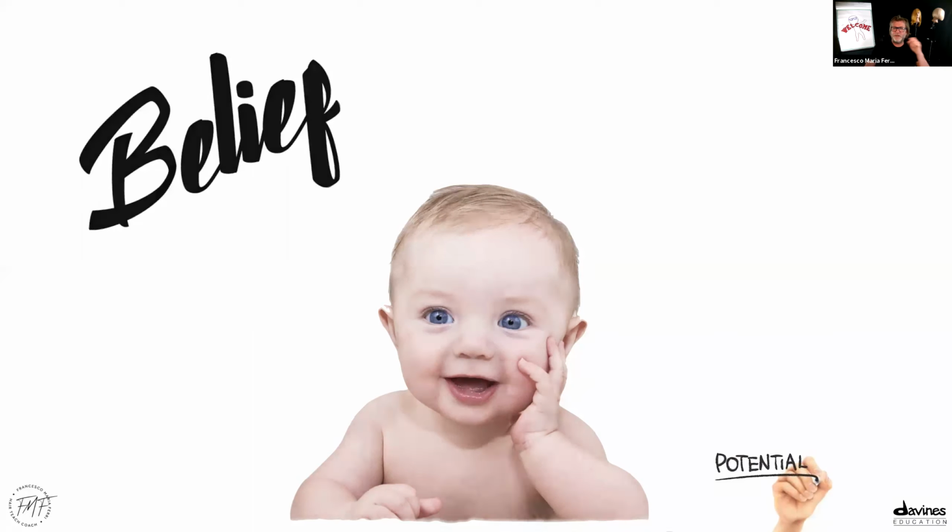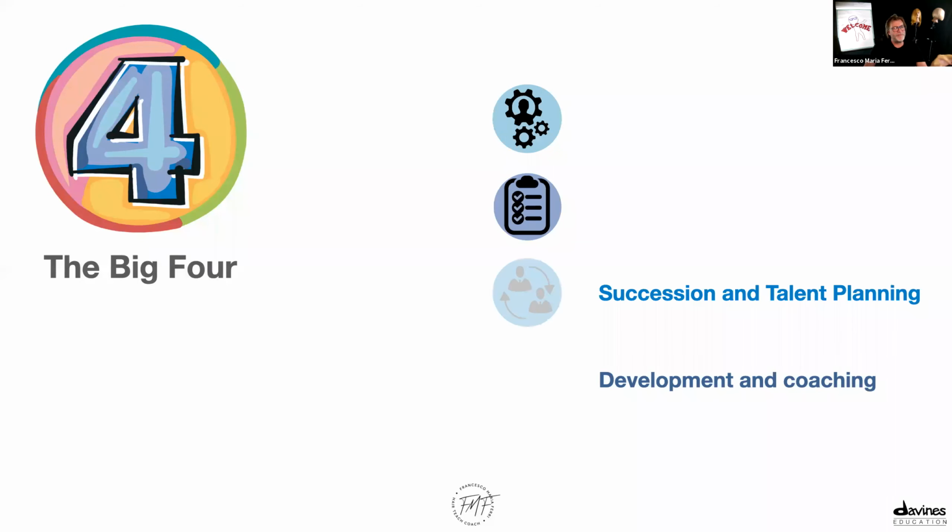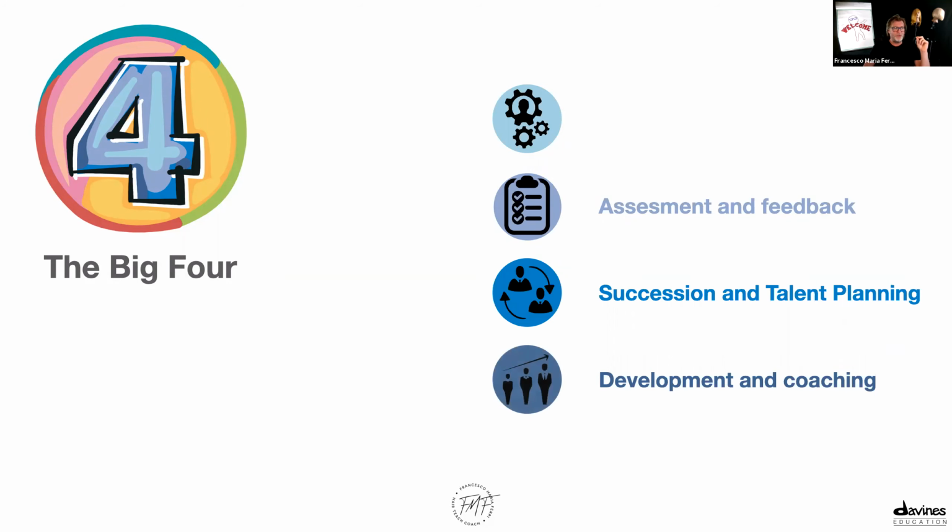Okay, so basically what I'm going to talk about here is, first of all, the big four, which is a path. Oh, see, there is a mistake in the animation. Sorry, guys, it doesn't matter. Basically, here's the point. There are four, this is what we call the big four.